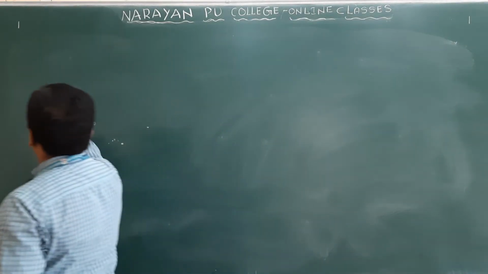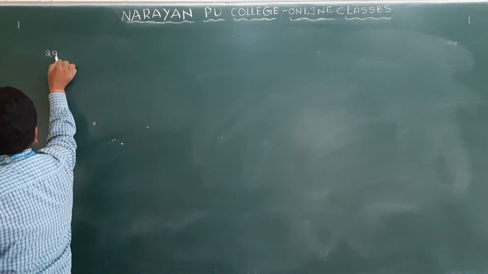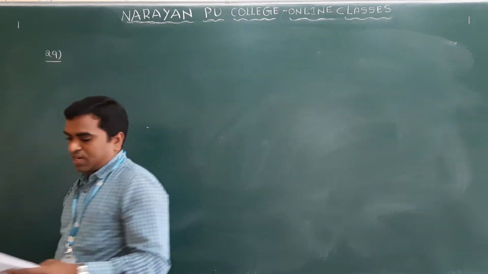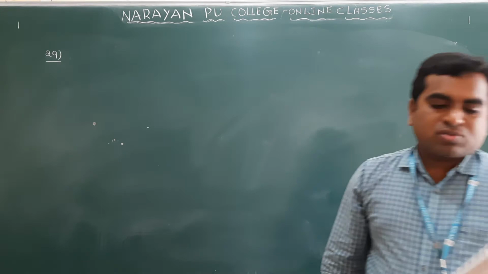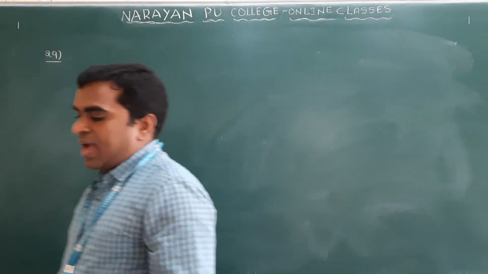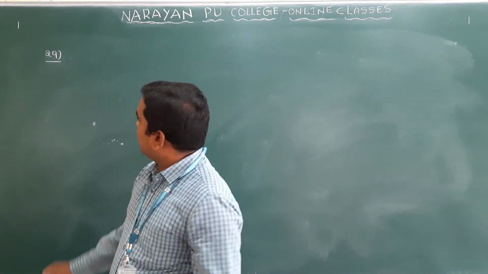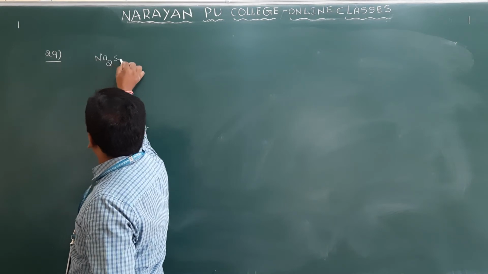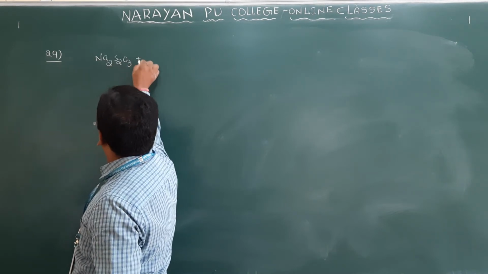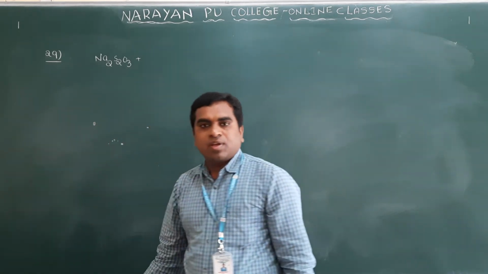Next one is question number 29. The reaction of sodium thiosulfate with iodine is. So this is sodium thiosulfate, Na2S2O3. Clear?